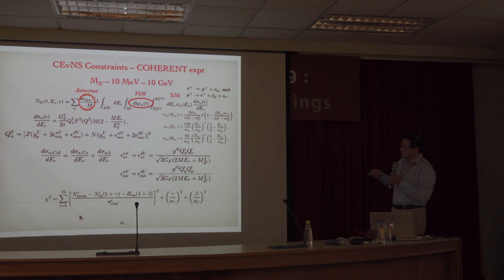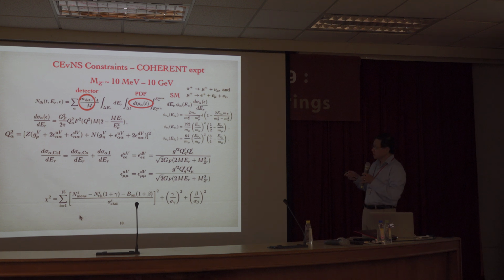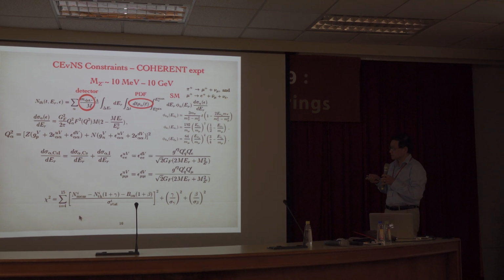This is the formalism from the experimental side. Here is the detector behavior, the nuclear mass and the total mass, which is the detector feature. Here is the probability density function, also given by the experiment. Those are given by the experimental conditions.